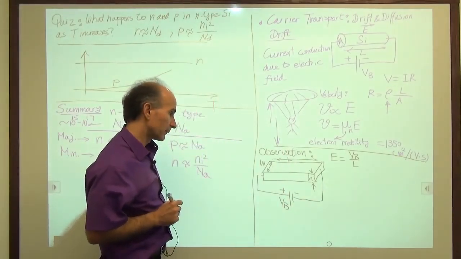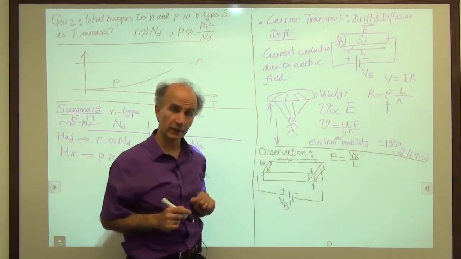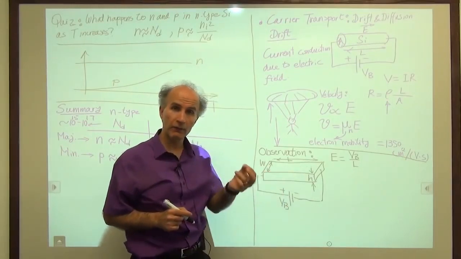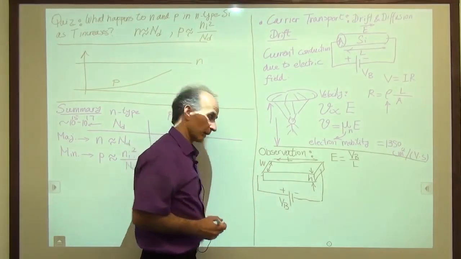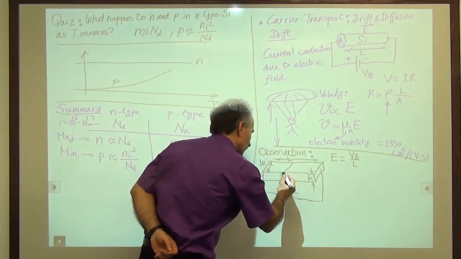Okay, so we have the electric field, therefore we have the velocity. How do we relate the current that flows to the velocity of the carriers? Well, here's the interesting observation. The way we calculate current in general is as follows.